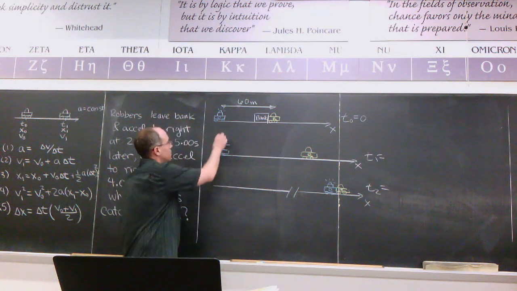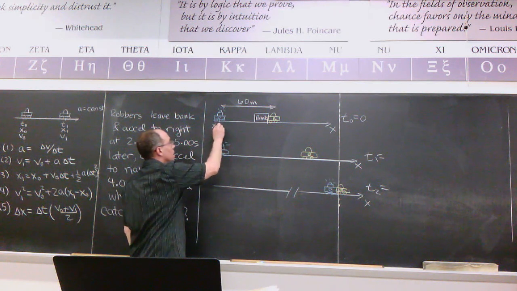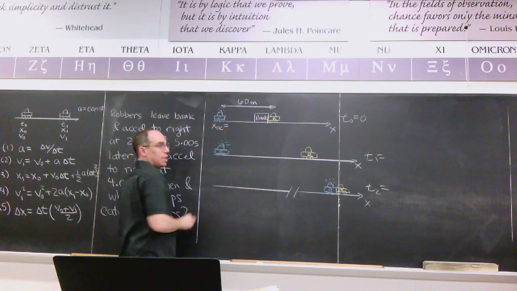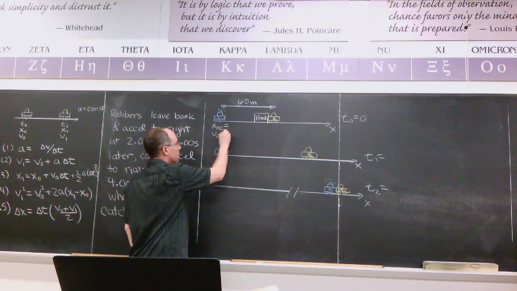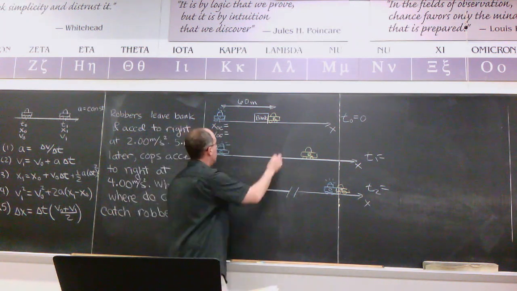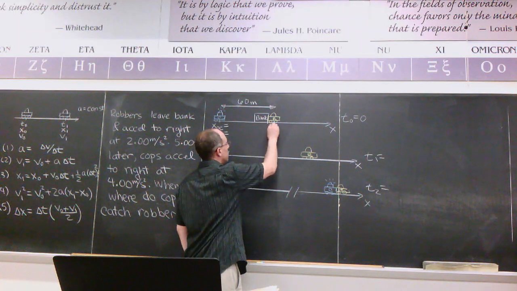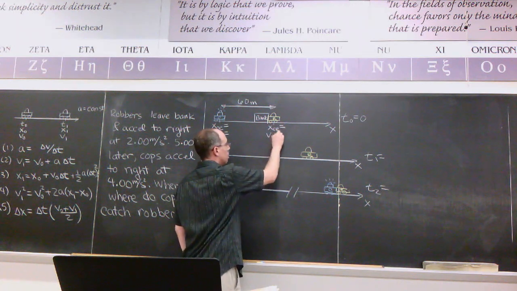Okay? So at time 0, the cops would be at x0 cops and have velocity v0 cops. The robbers would be at x0 robbers and have velocity v0 robbers.